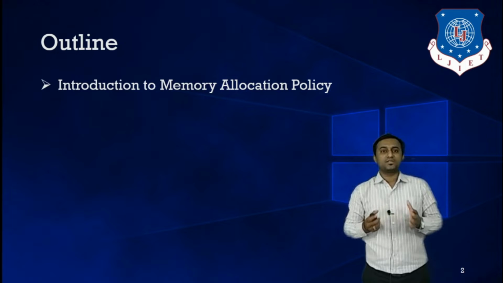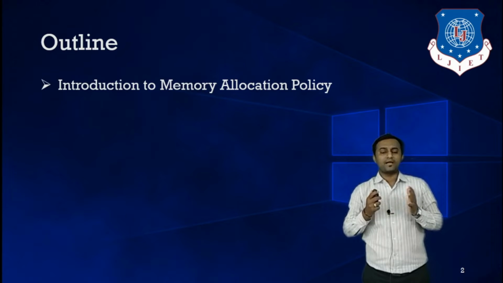Out of these three parameters, two parameters, size and access time, are contradictory in nature. So if you want to achieve these criteria simultaneously, we need to use the concept of memory hierarchy. We have seen how we can achieve these three criteria simultaneously with the help of two different types of memory: secondary memory and main memory.